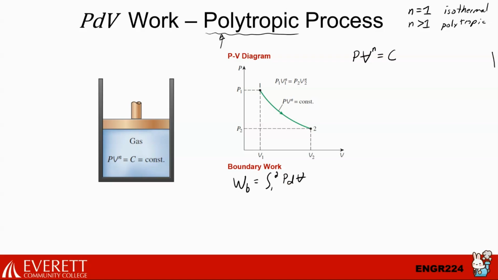I'm not going to derive those directly in here, but the idea is we do a similar sort of thing that we did before with that C. In other words, we rearrange this so P is C divided by our volume to the N. And then we say that C is P1 V1 to the N, or P2 V2 to the N. Something that does remain constant for these cases is the N, which will be constant between the two states.